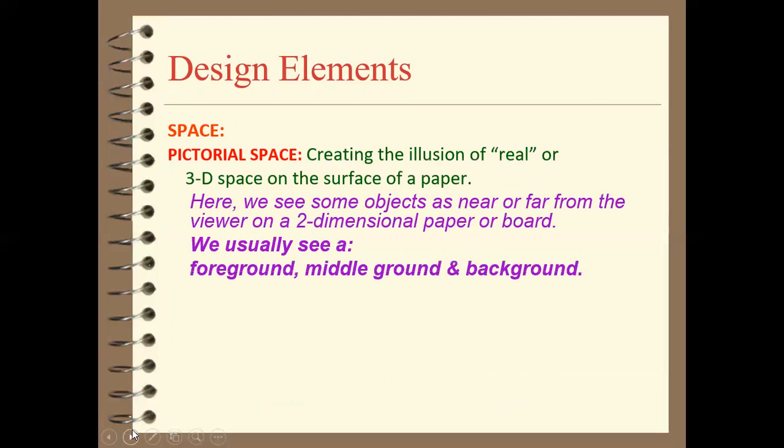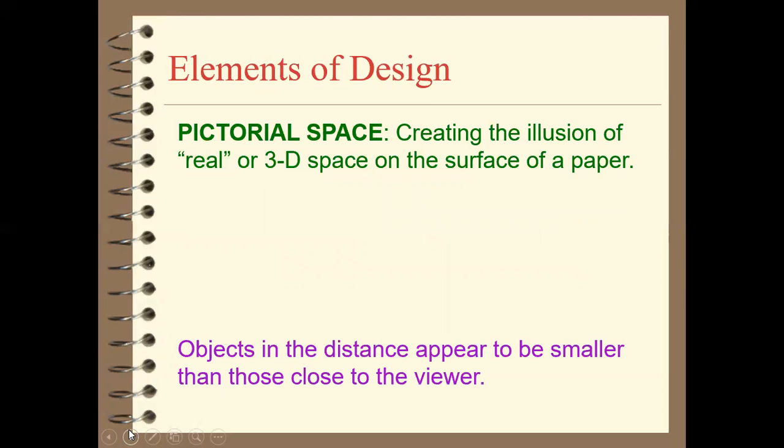So here we see some objects as near or far from the viewer on a two-dimensional paper or board. So we usually see a foreground, middle ground, and background in pictorial space. So we just have the illusion of depth in pictorial space.